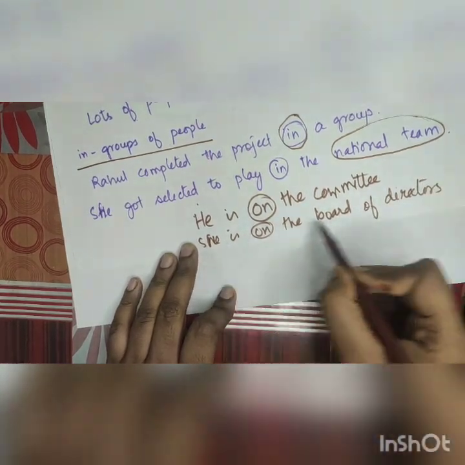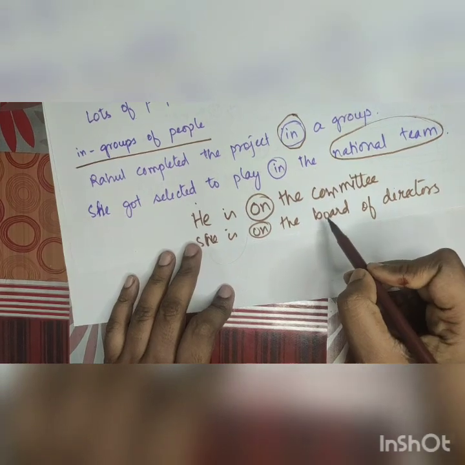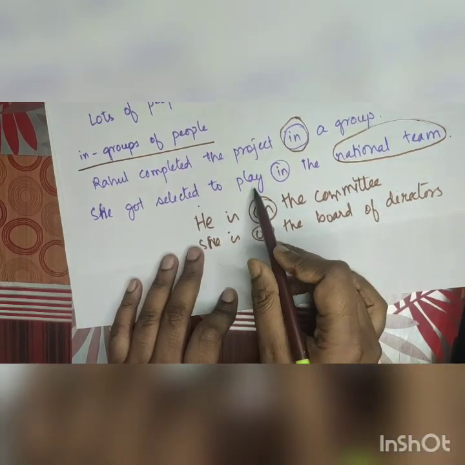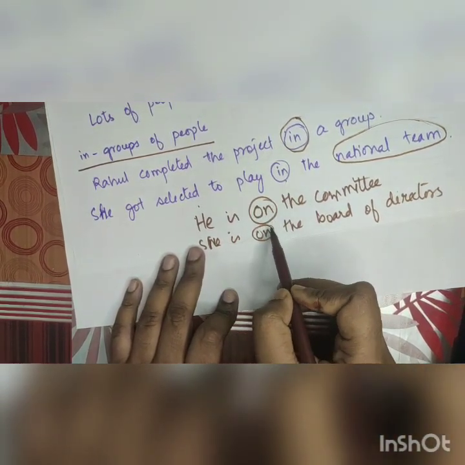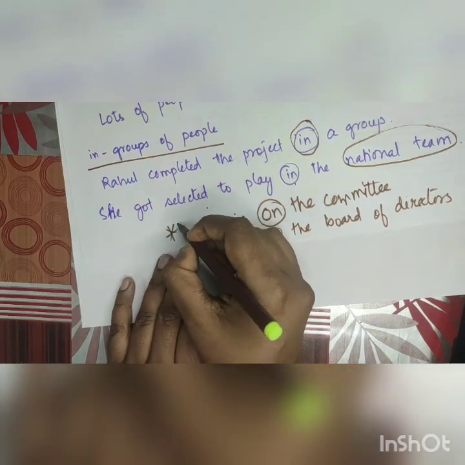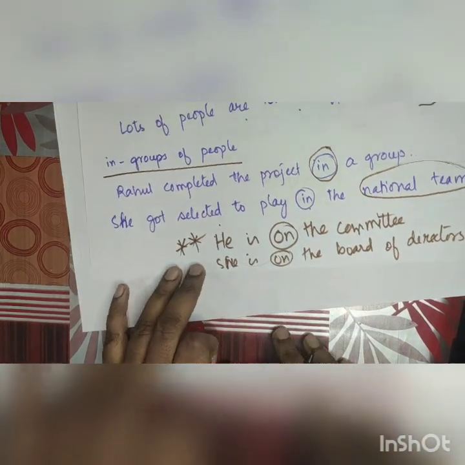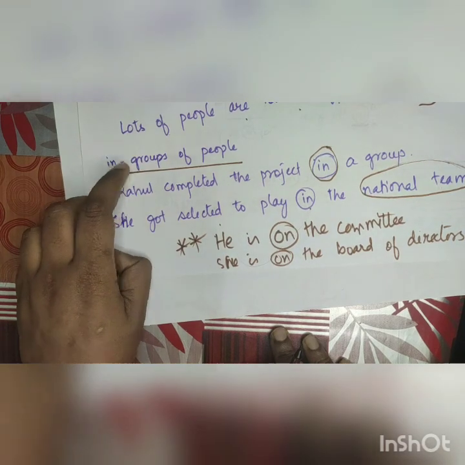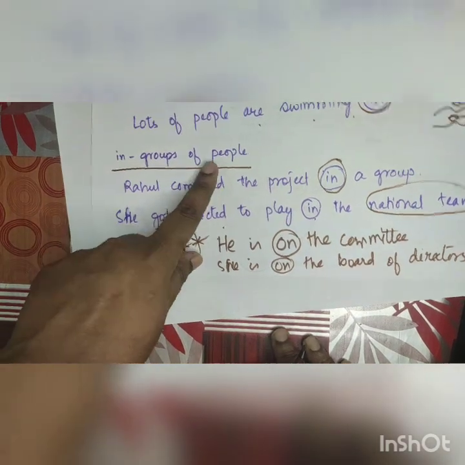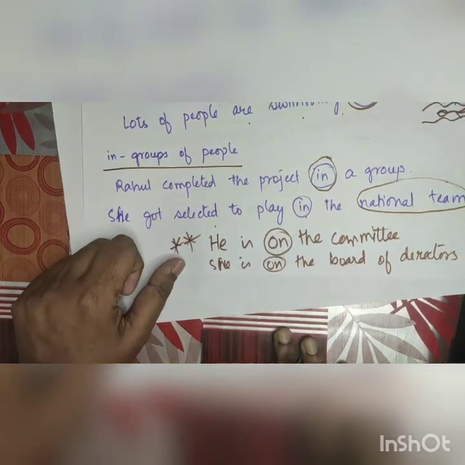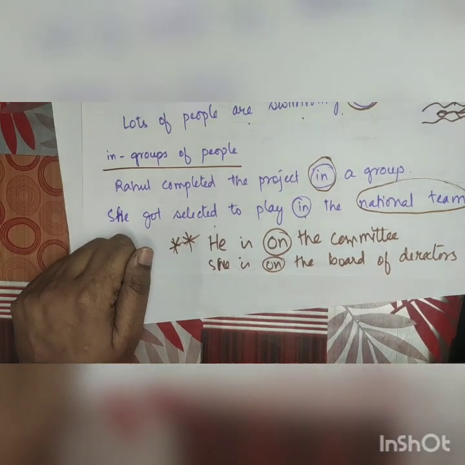So when we talk about higher authorities, officers and that type of person, we don't use in, rather we use on, and that is an exception to the use of the preposition in in the case of groups of people. Okay, I hope you understand.